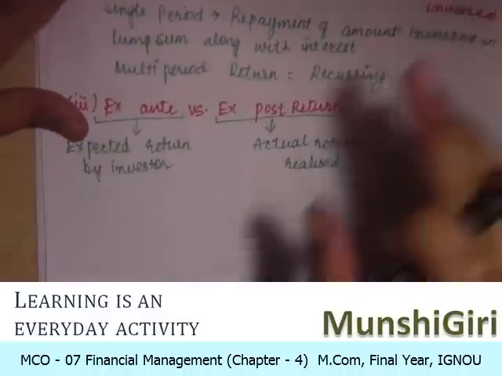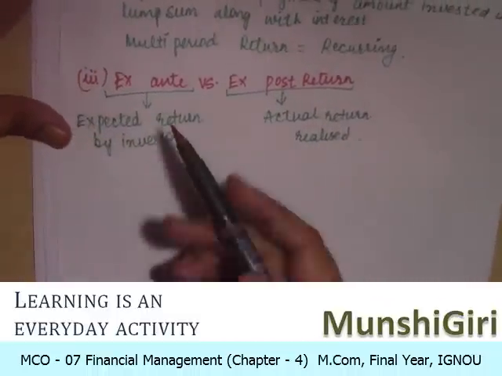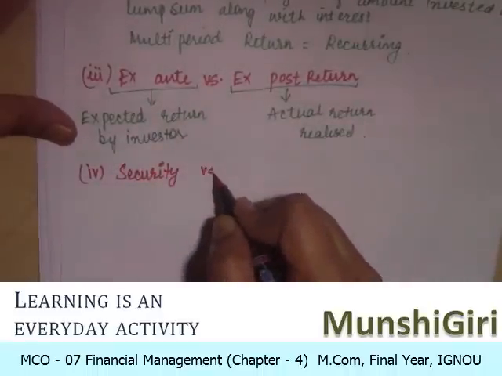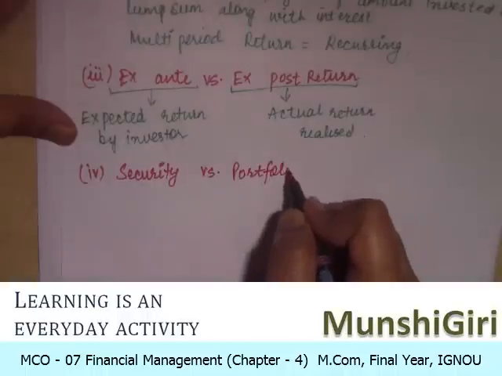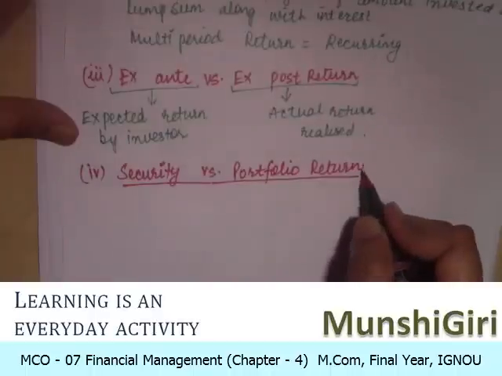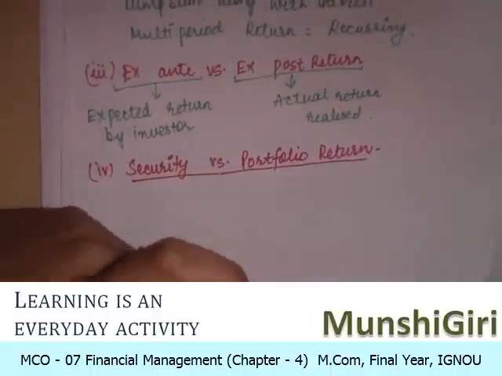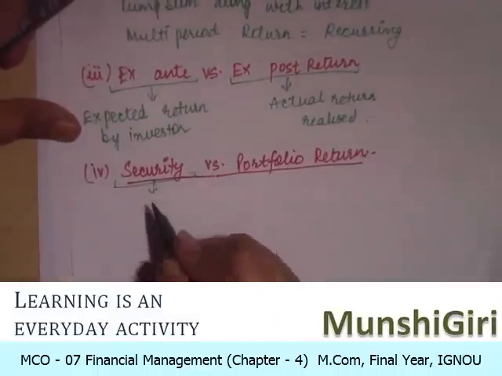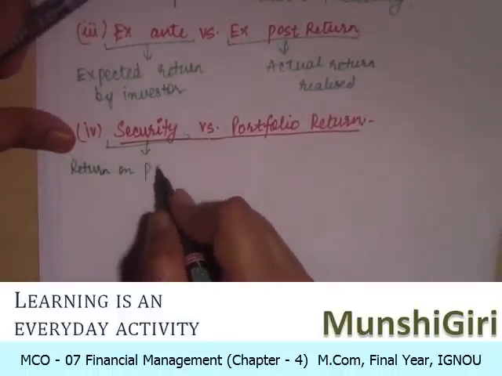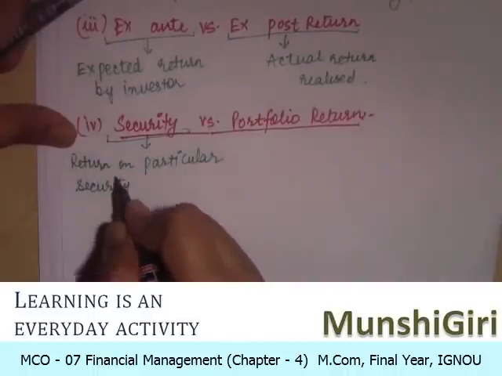Fourth dimension of return is security versus portfolio return. A security return is the return on a particular security or a single stock.